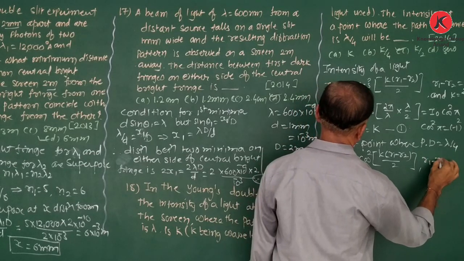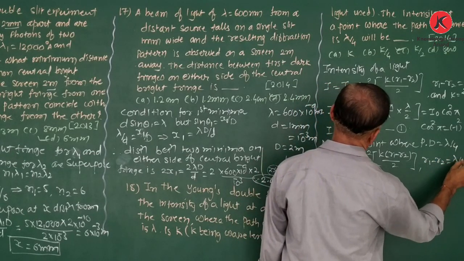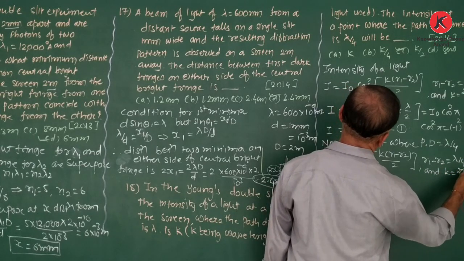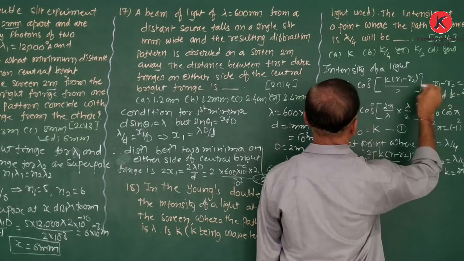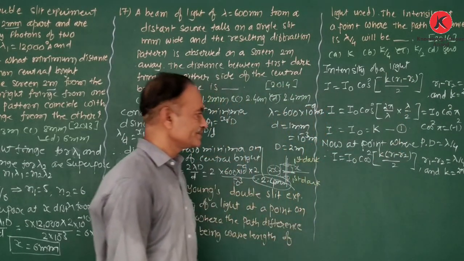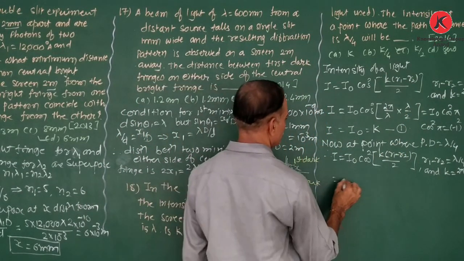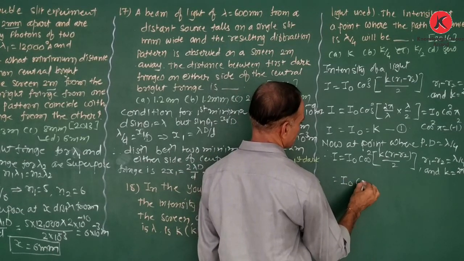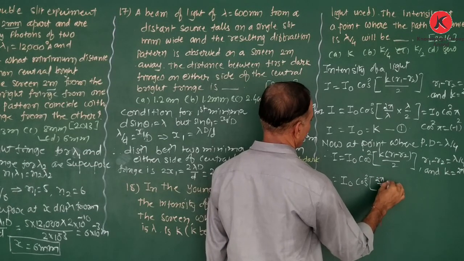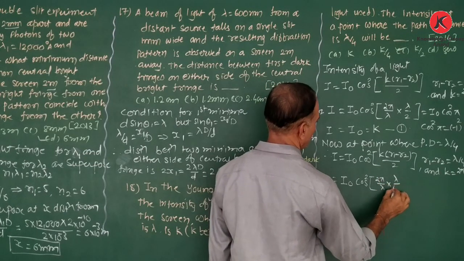Here I1 minus I2 is equal to lambda by 4 and K is equal to 2 pi upon lambda. Substituting, I0 cos square of 2 pi upon lambda times lambda by 4 into 2.